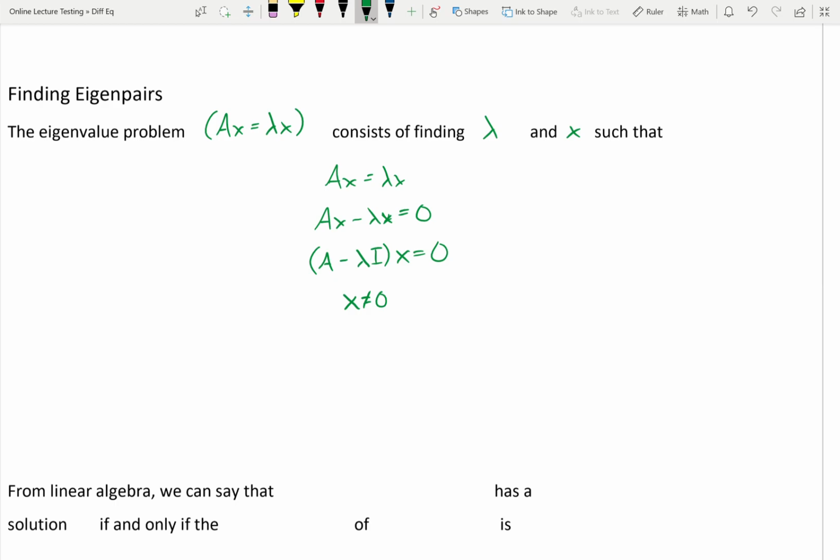And again, here I is equal to 1, 0, 0, and so forth up to 0. And this goes all the way down. It's a diagonal of 1s and everything else are 0s.